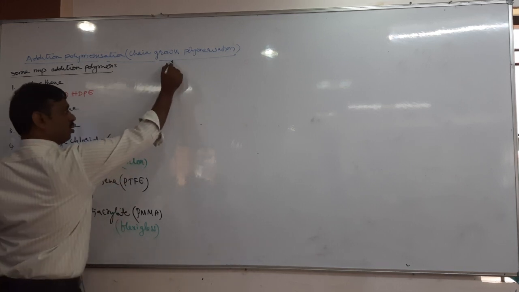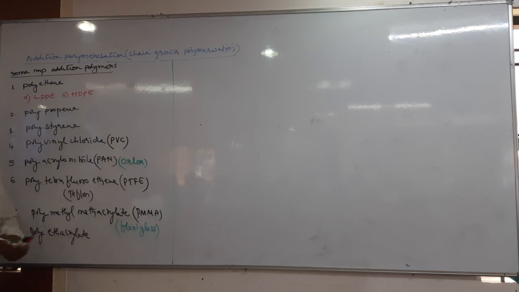Okay, so in all these polymers we need to study preparation, that is polymerization, and 1-2 important properties and 1-2 important uses. When you see the properties of these polymers, almost all have similar properties. The first similar property is being chemically inert.